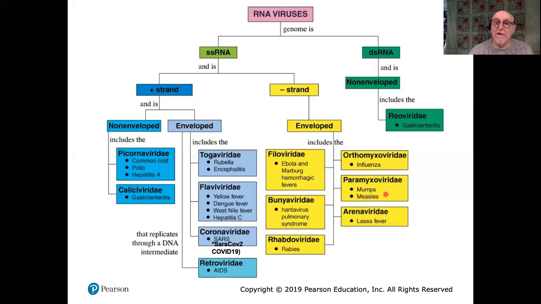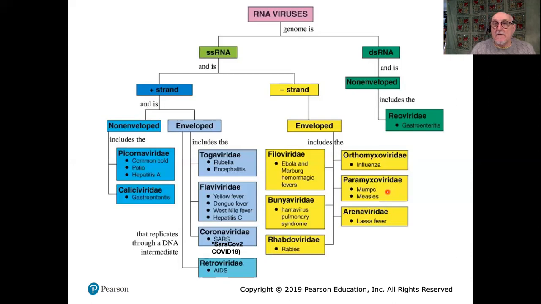The next group you will also have heard about, and these are the Paramyxoviridae. These are very common childhood diseases, and they can have extremely serious consequences. You will have heard of mumps and of measles. Of the 2, measles is probably the most virulent and has the most likelihood of producing serious sequelae, even in a childhood infection.